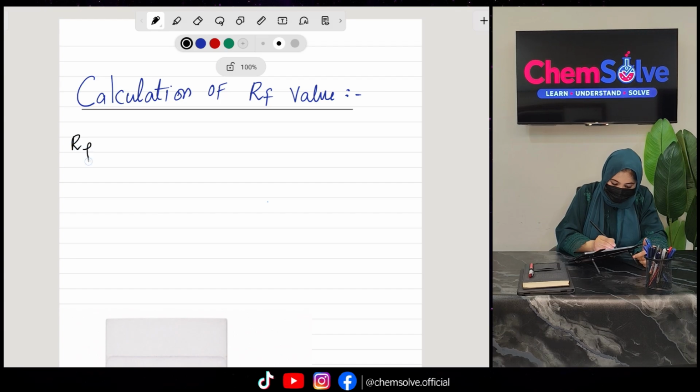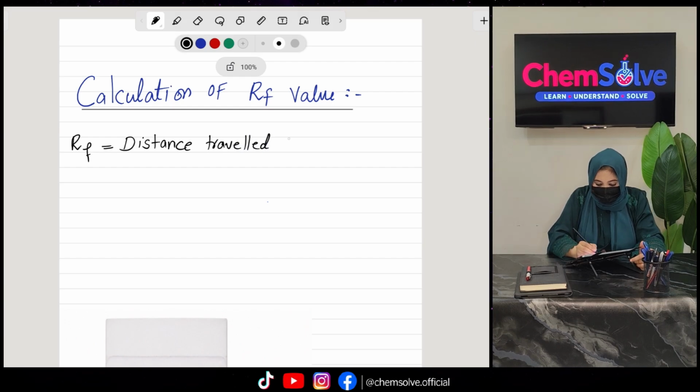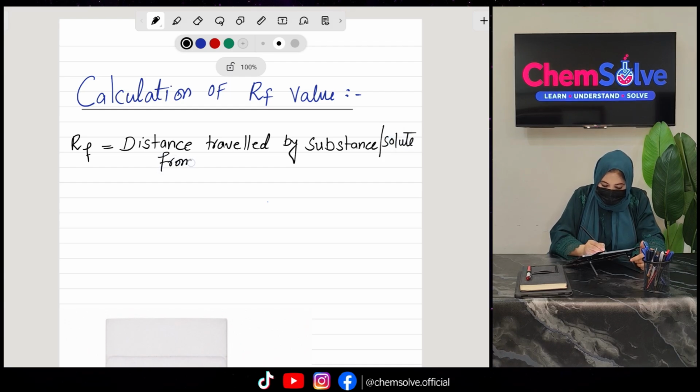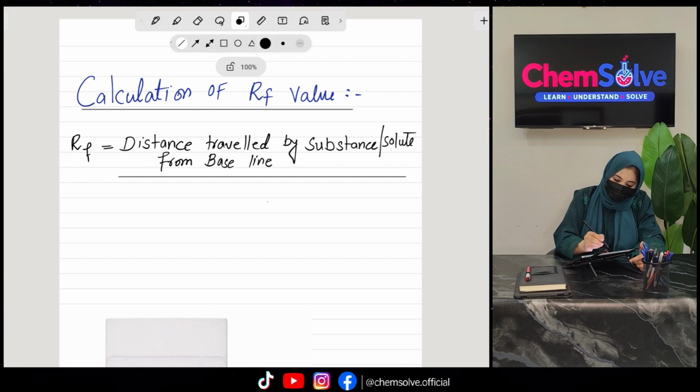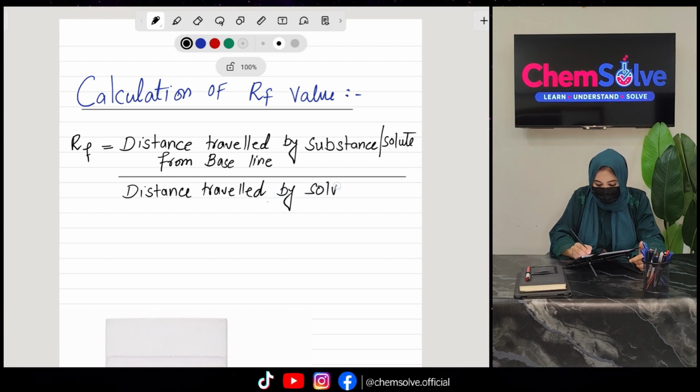Formula says RF value is equal to distance traveled by substance or solute from baseline, divided by distance traveled by solvent front from the baseline.